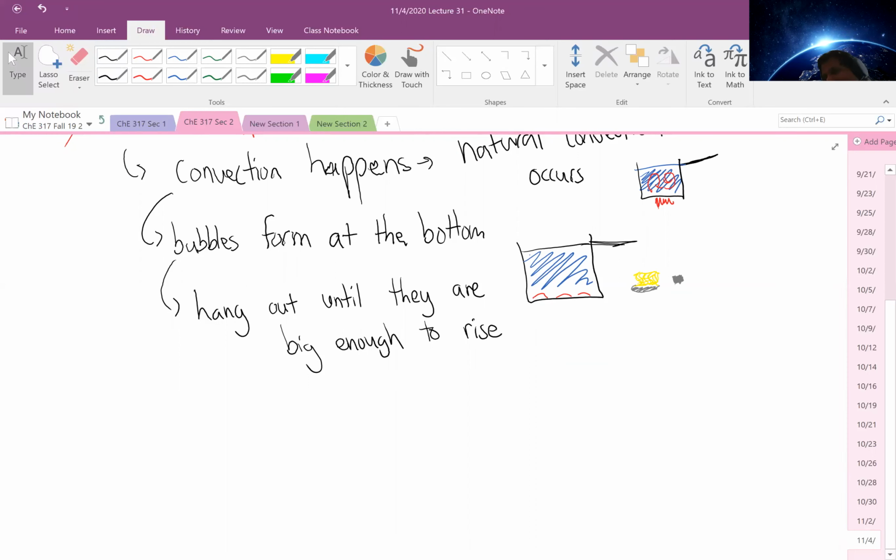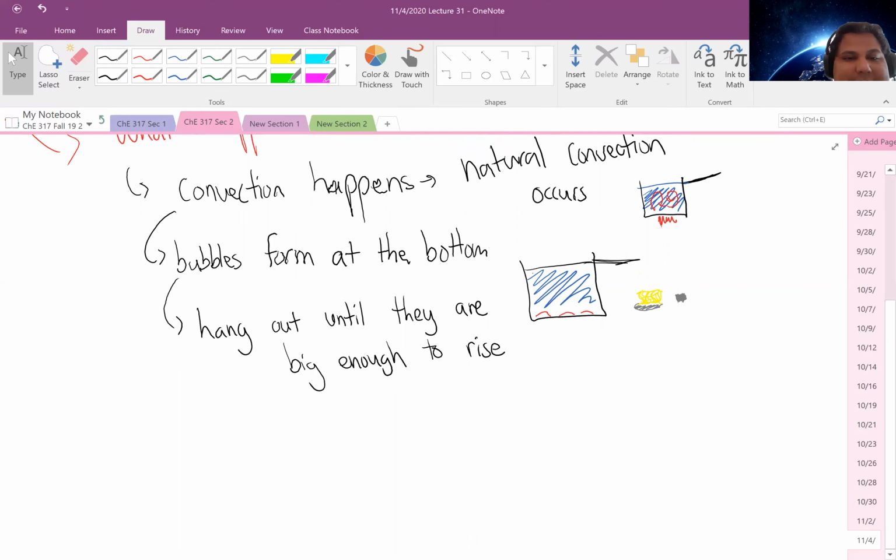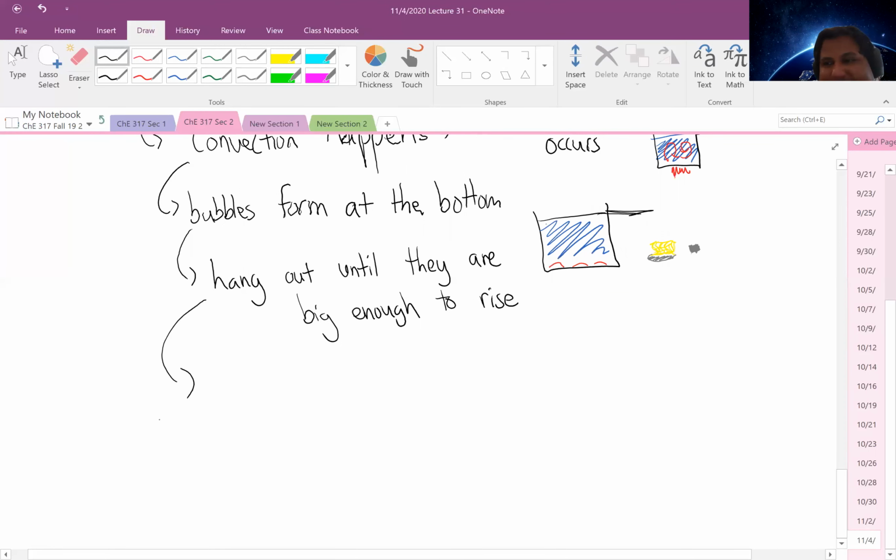So we get bubbles forming, they get big enough, they start to rise. What happens to those bubbles? Once they reach the surface, they pop. So bubbles, if they reach the surface, enter the vapor phase.